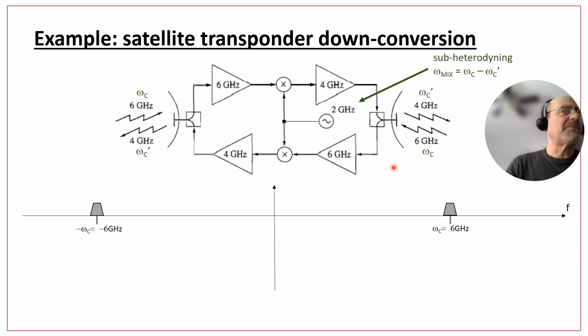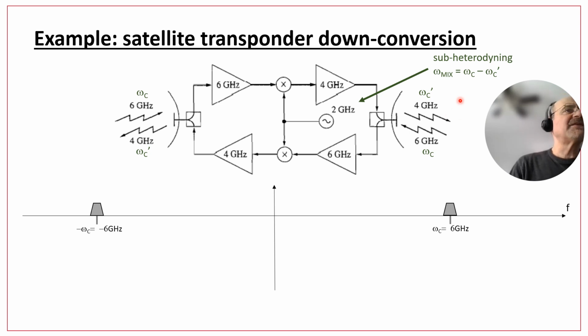So here you see both transponders. The signal coming from this antenna at 6 gigahertz is converted down to 4 gigahertz for retransmission to the Earth, and then the signal coming up on this antenna at 6 gigahertz is down converted to 4 gigahertz for retransmission to the Earth on the downlink at 4 gigahertz.